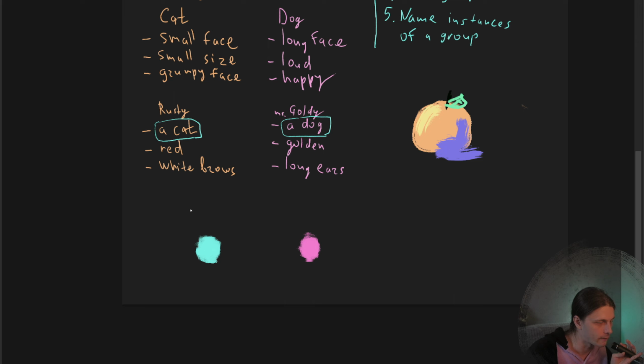Let's draw something. Here we have abstract. No, I forgot how to write. Abstract. And on the other side we have specific. No, let's try to make it better.